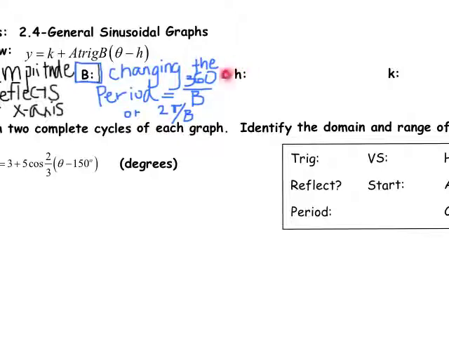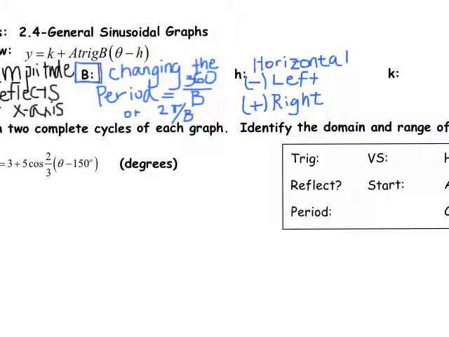Okay, next H. H is inside of the parentheses, and H is responsible for our horizontal shifts. So if it's a minus sign, you'll see it go left, and if it's a plus sign, you'll see it go right.